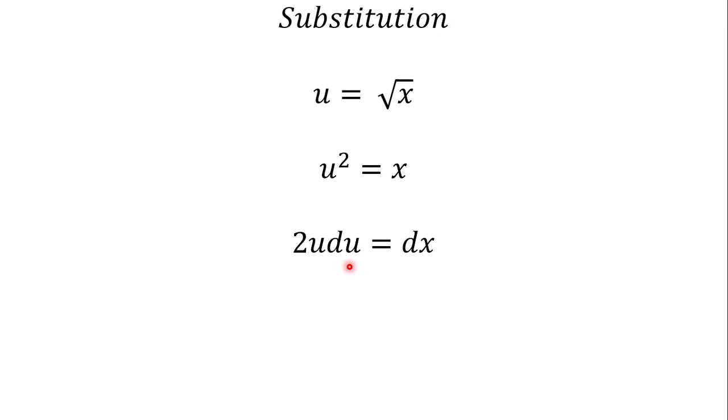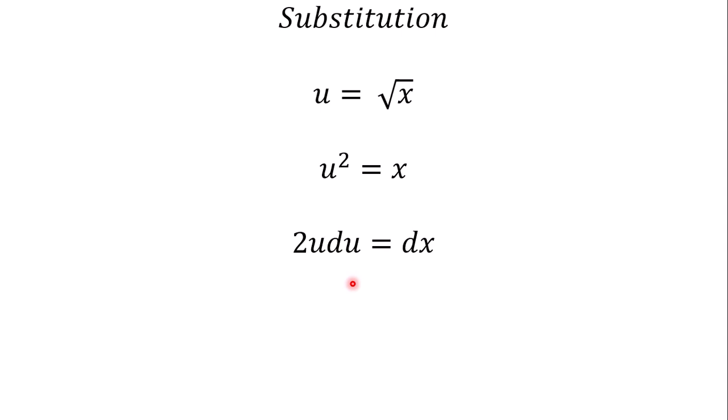This means that when we enter the U world, we will not write this dx there. We will replace this dx with 2u du. Also, the limits given in the question are values of x. We have to find the values of those x limits in the U world.